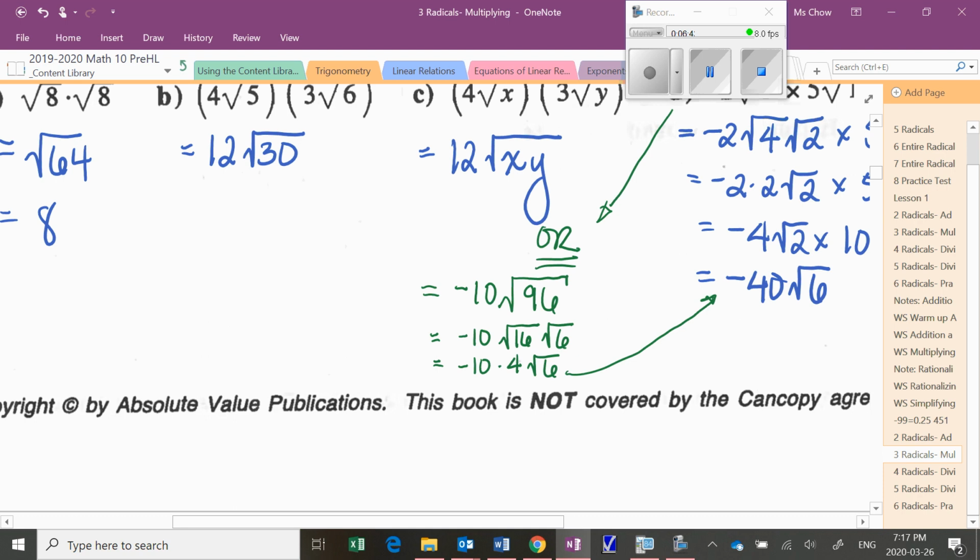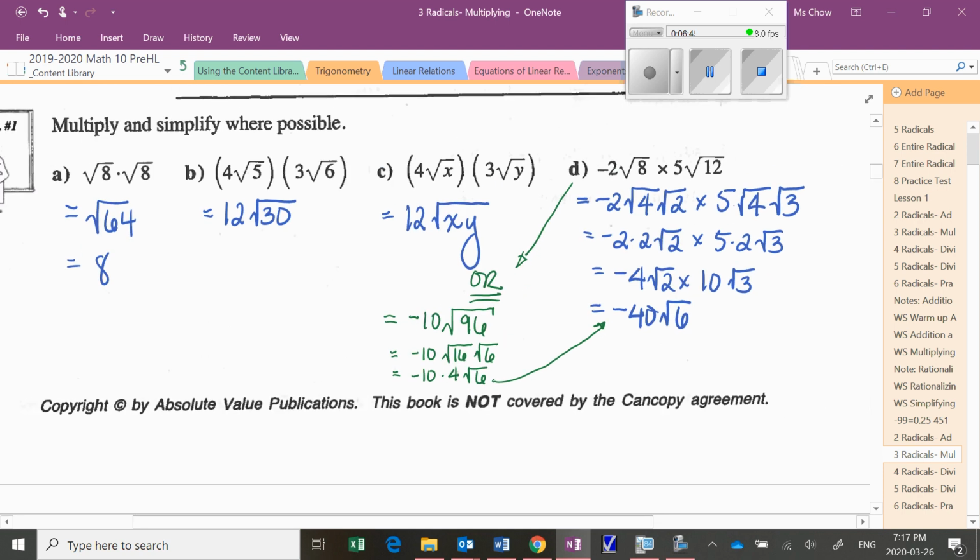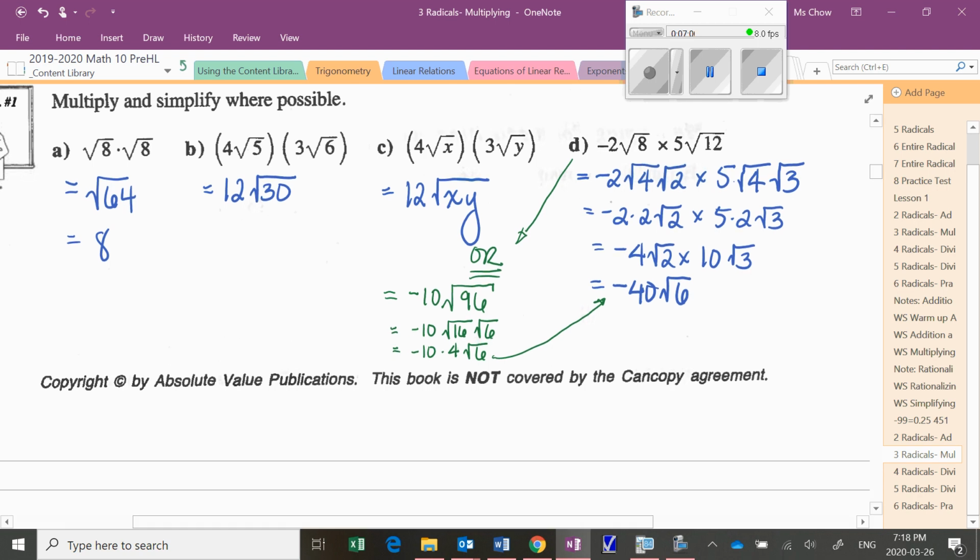So on the one hand, it does appear to be a shorter solution, but I will assure you that most times, especially when the numbers are larger, you're going to be much better off, especially if you don't have a calculator, to simplify those radicals first prior to multiplying.